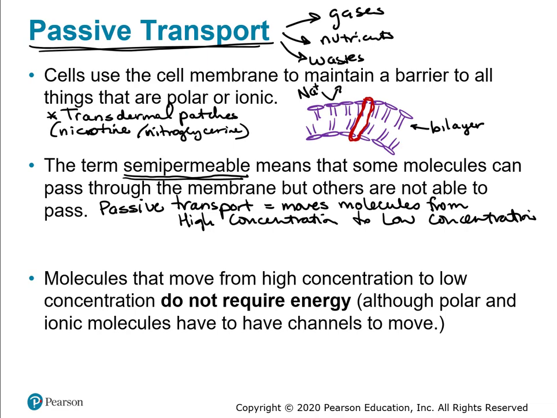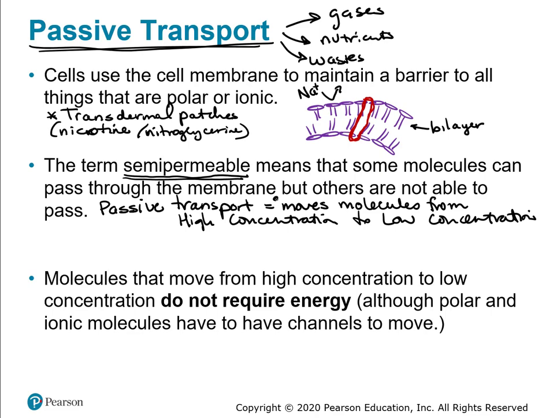If I have a lot of molecules on one side of the membrane, passive transport means they're going to want to move to the other side of the membrane so that they're equal. Having a lot in any one place, remember chaos, disorder. Disorder is like spreading it around. That's the natural tendency of things to do. So passive transport is always just going to move things from high to low.